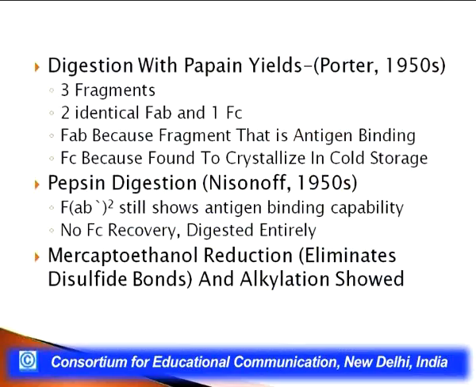Now, in another experiment done by Nisonoff in the 1950s, pepsin digestion, which is another proteolytic enzyme, was used, and it was found that an F(ab')2 fragment was formed, which shows antigen binding and could lead to precipitation of an antigen. However, the recovery of Fc was not possible because it got completely digested.